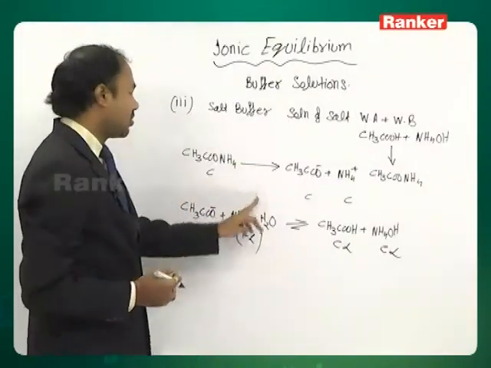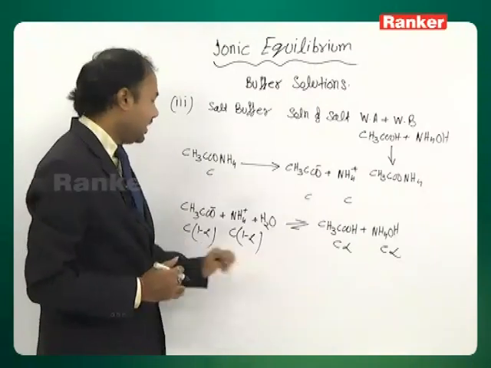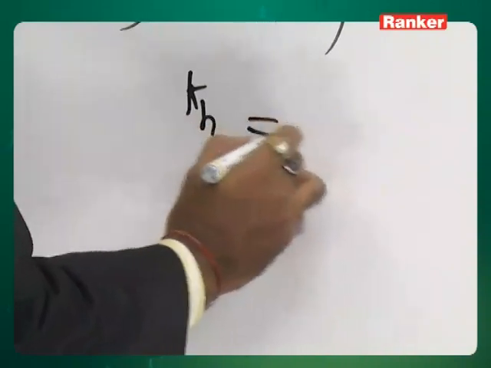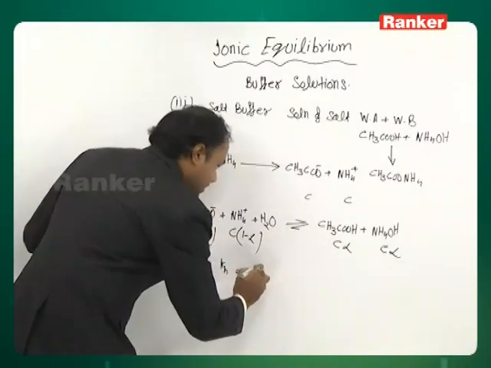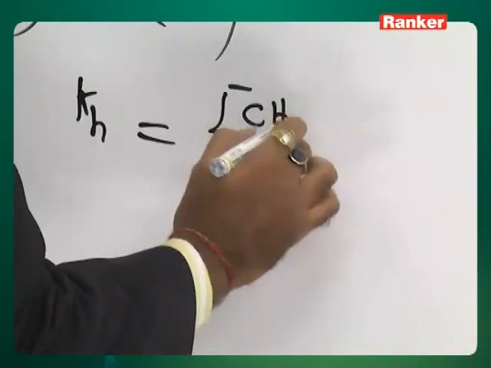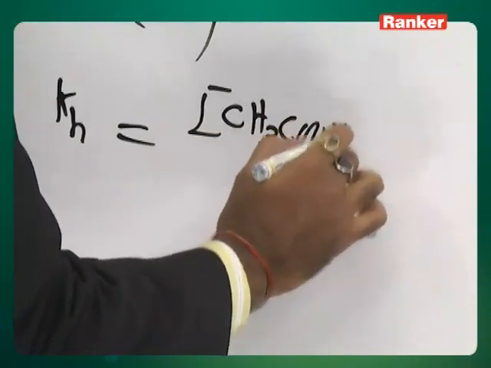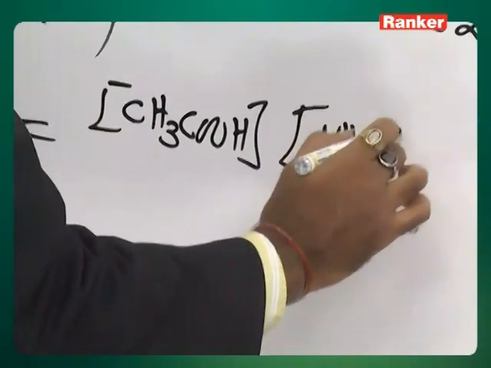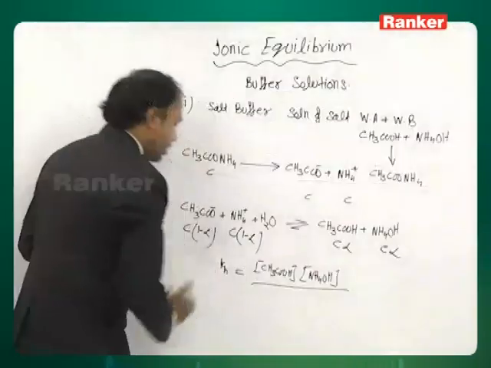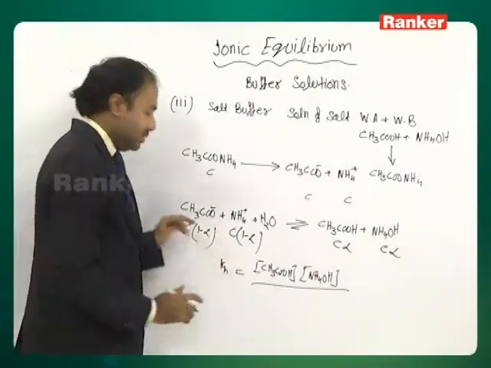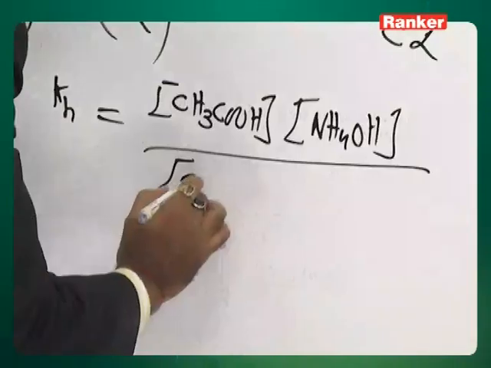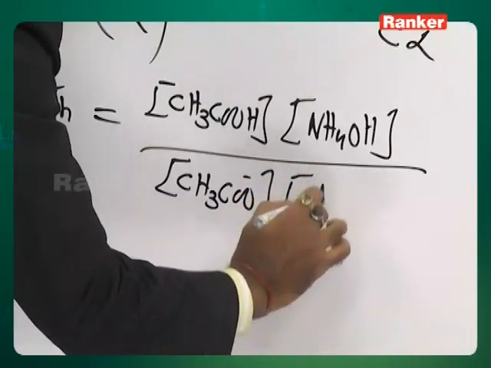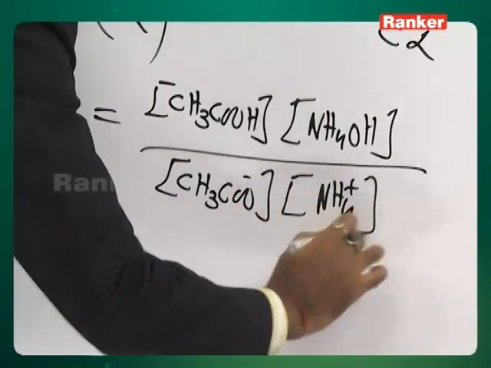Now we get the equilibrium constant for this, which will be called KH, and KH will be equal to concentration of acetic acid into concentration of ammonium hydroxide upon concentration of acetate ion CH3COO minus into concentration of ammonium ion.